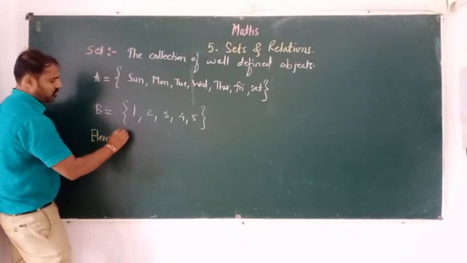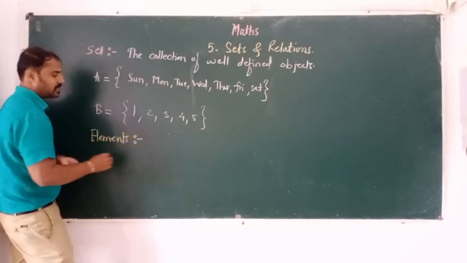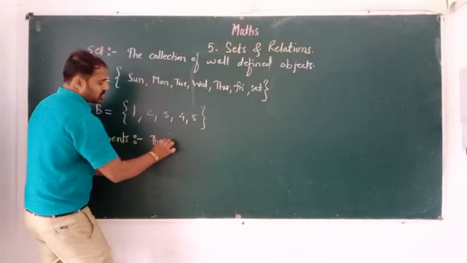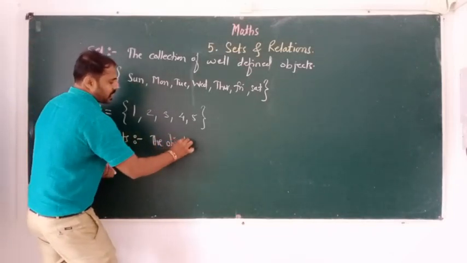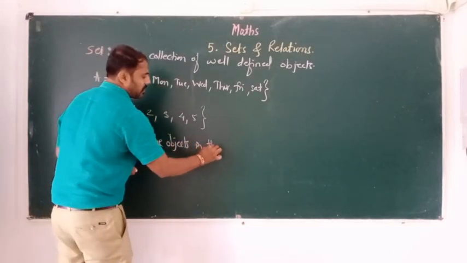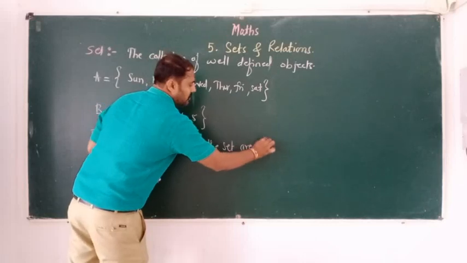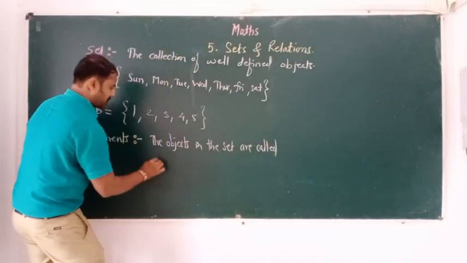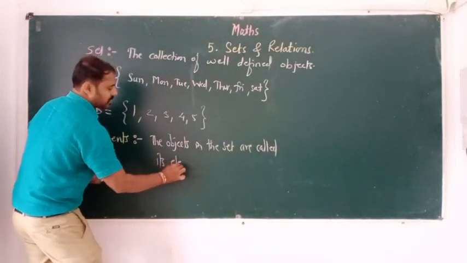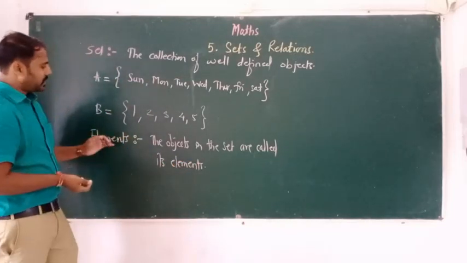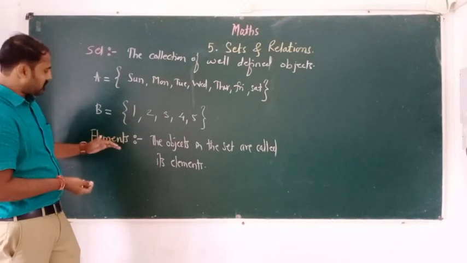So, what is meant by elements? Elements are nothing but the objects in the set; objects in a set are called its elements.